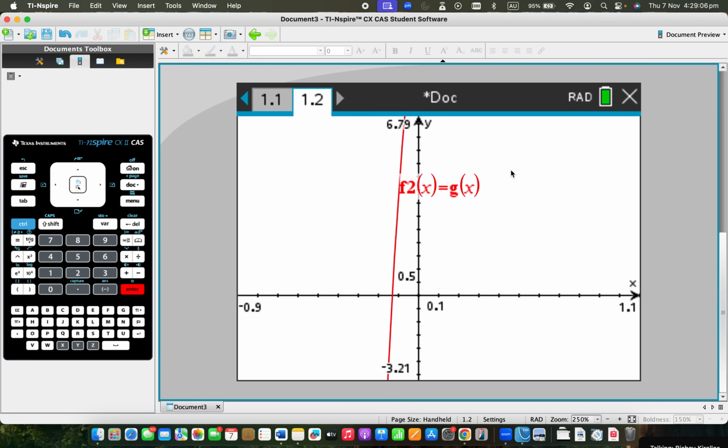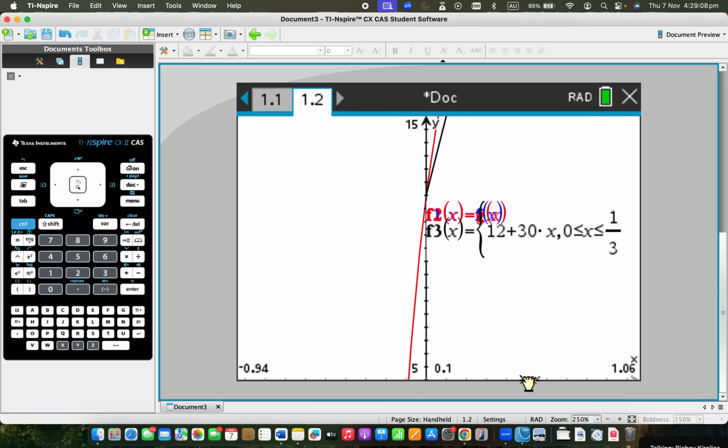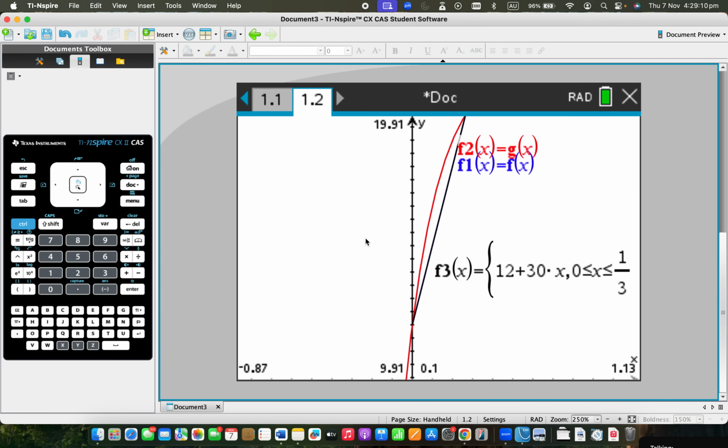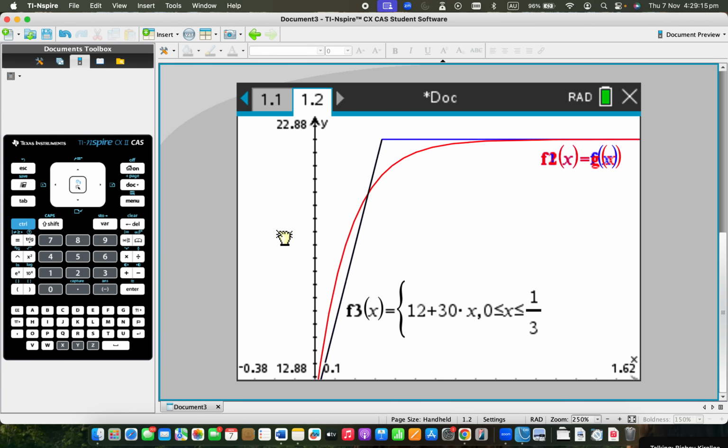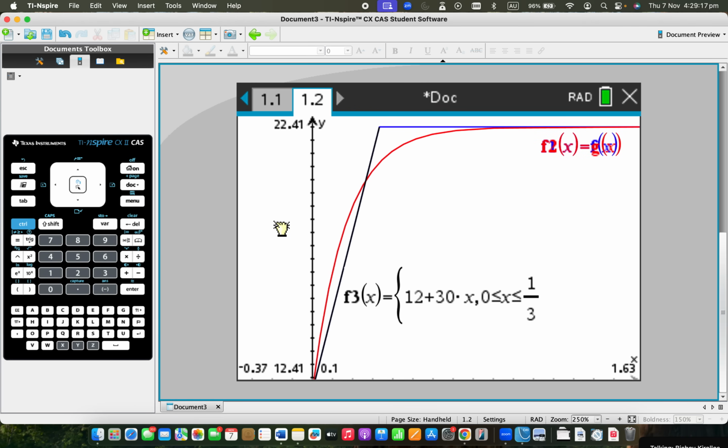And then the other one, still can't see it. Oh, it's up here. And then the difference is up there. So we want to know when the difference is the biggest between the two. And it looks like that's over here, right? So that's at that 1/3.